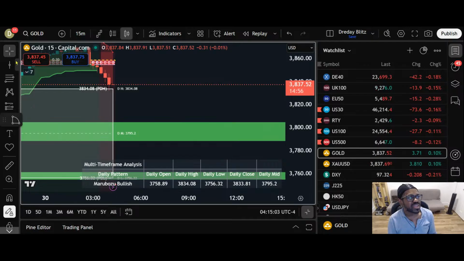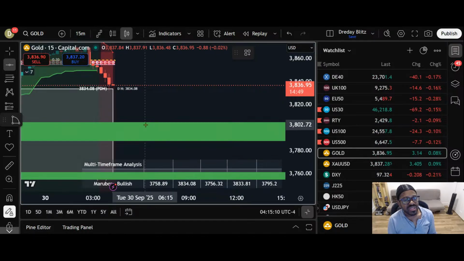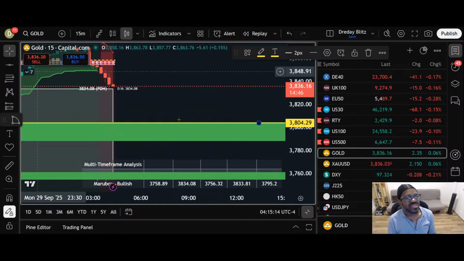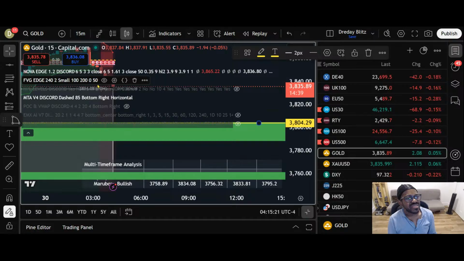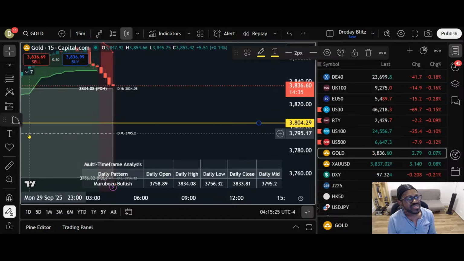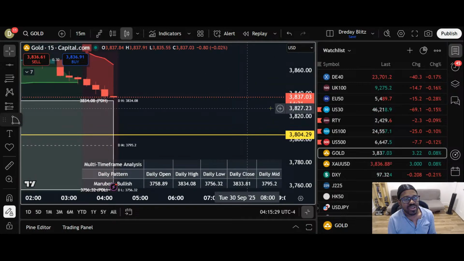So if I put a line off of that gold, I'm just going to put a horizontal line. Y'all can look at that level here. We just got a sell on gold.